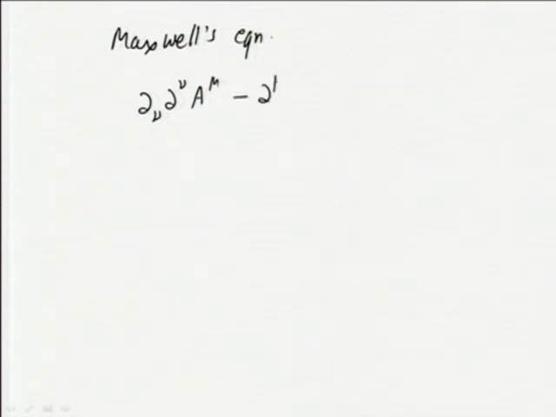Let us look at the Maxwell's equation with all these conditions applied to the potential. Maxwell's equation written in terms of the potential was dou nu (dou nu A mu minus dou mu A nu) equal to J mu.